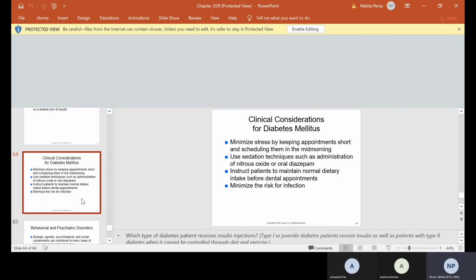Instruct patients to maintain normal dietary intake for dental appointments. So it's really important for the diabetes patients to eat and minimize the risk for infection. Normally in the office, to help them, we might have some orange juice, sugar candy, sugar packets, things like that.